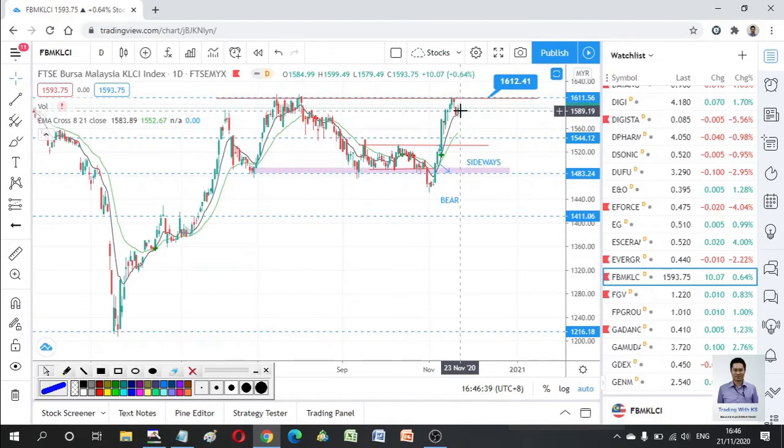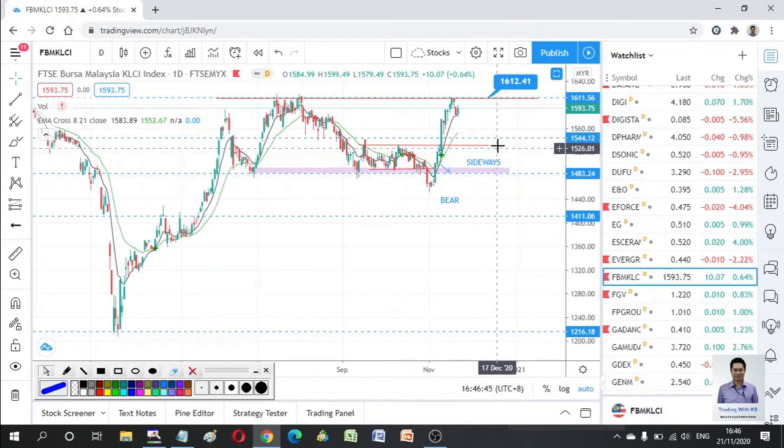Now the price has consolidated over here, and we will see whether the next move is a push up or a push down. So we are here. There is a rejection of the 1610 to 1612 area, where the price has failed to break up.